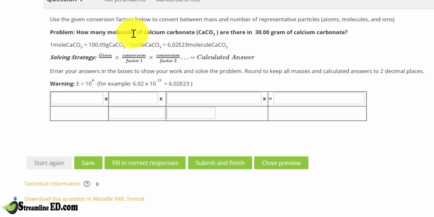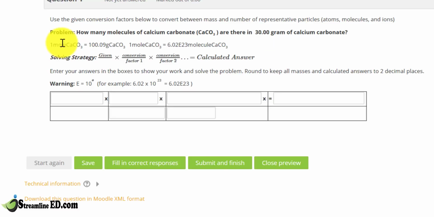How many molecules of calcium carbonate, CaCO3, are there in 30 grams of calcium carbonate? So you know that we are looking for molecules. That is our unknown. And notice how we are given exactly 30 grams of calcium carbonate. That is the given clue.